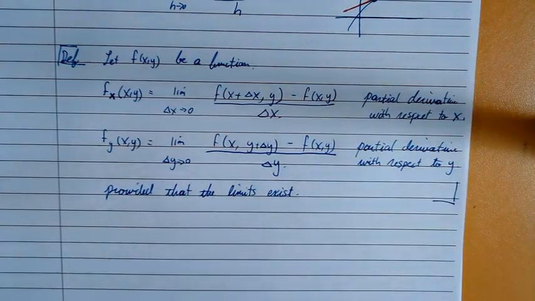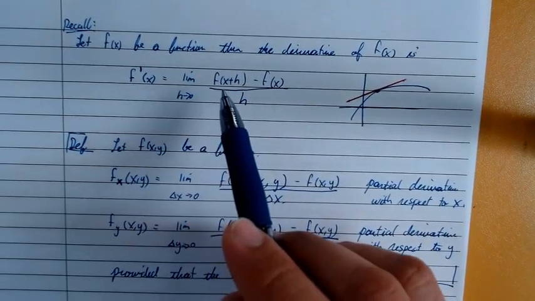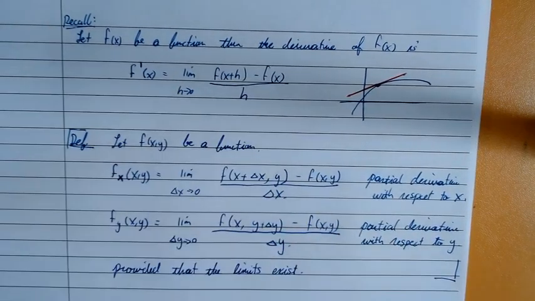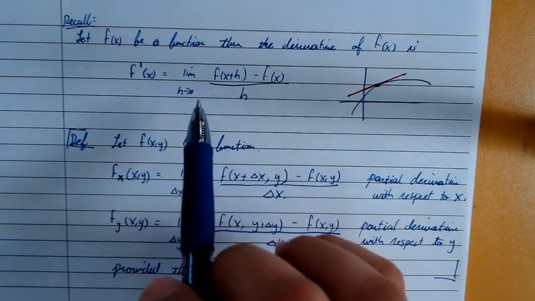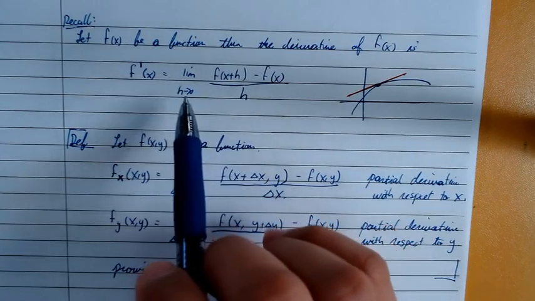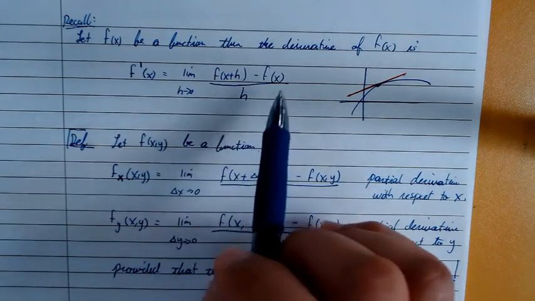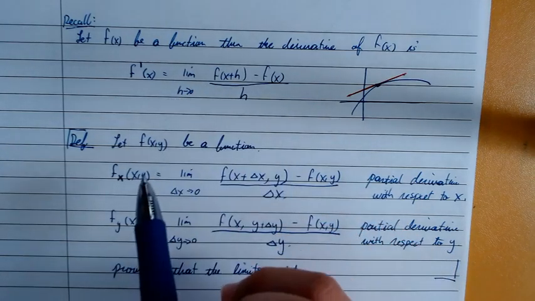Okay. From a practical standpoint, yes, the definition is stated as a limit. But if you think back to Cal 1, we didn't often, no, we did sometimes, but we didn't often actually use the definition of the derivative. Instead, we often had some nice algebraic shortcuts.